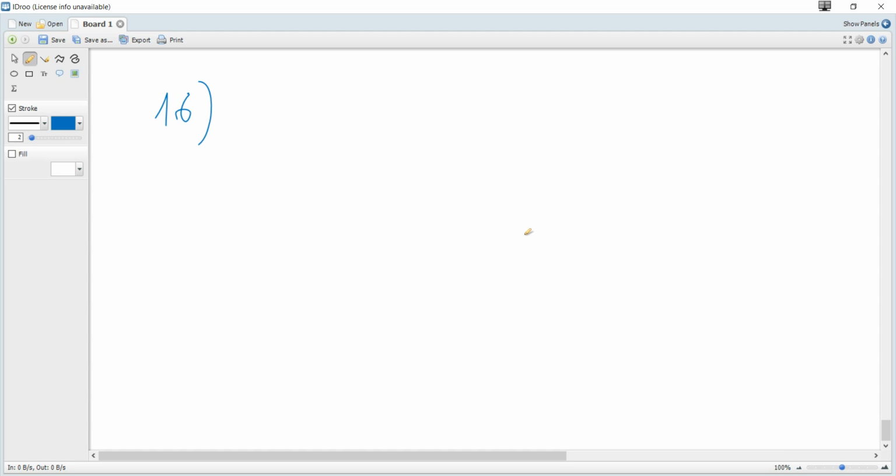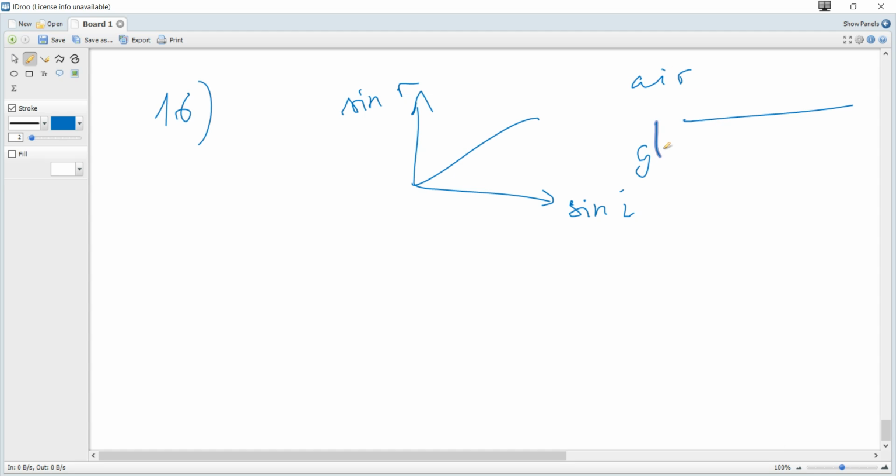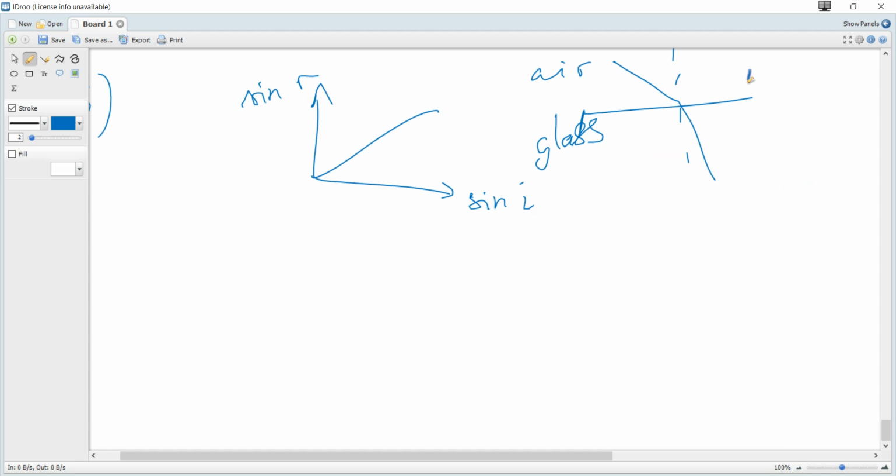They plot a graph of sine R against sine I. So sine R, sine I from air to glass, and Snell's law looks like n1 sine theta 1 or I is n2 sine R, but n1, the refractive index of air, is just 1.